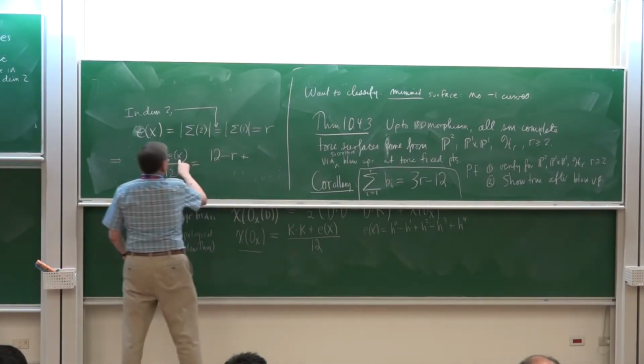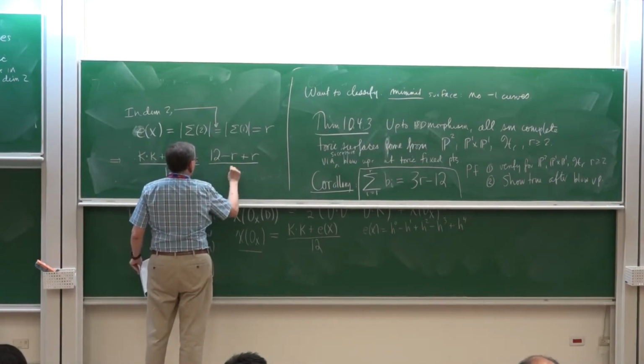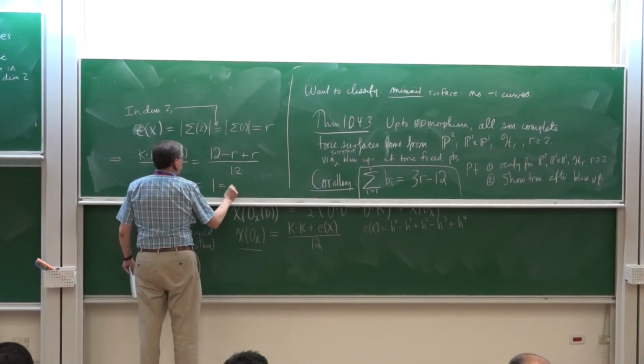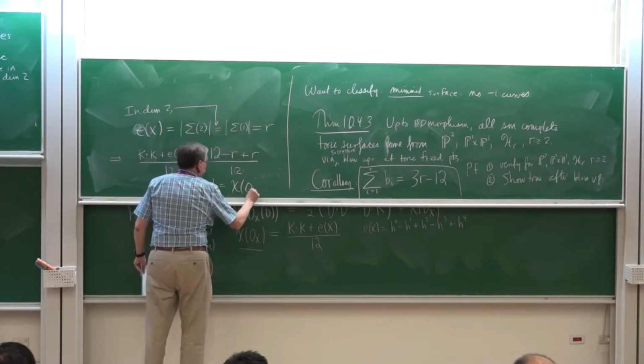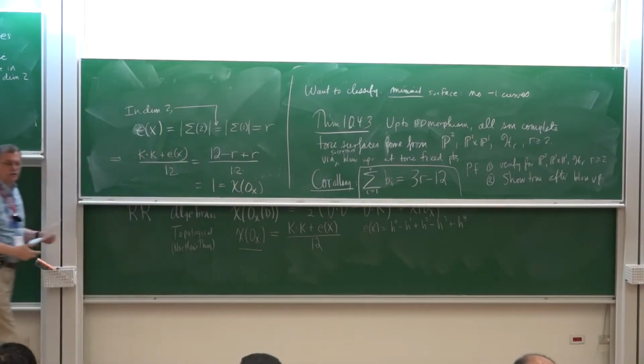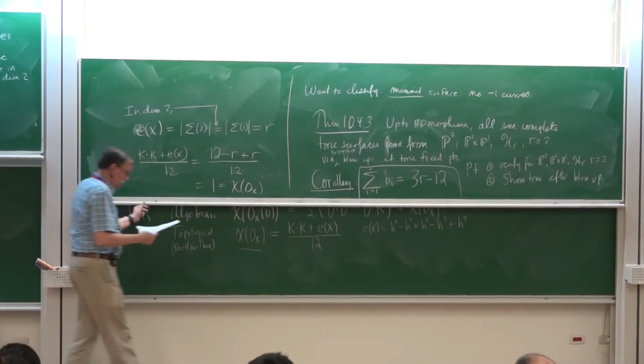Then I add in this guy, which is R, and I get 1, and that's the Euler characteristic of the structure sheaf. So that's the proof of Noether's theorem for smooth toric surfaces.